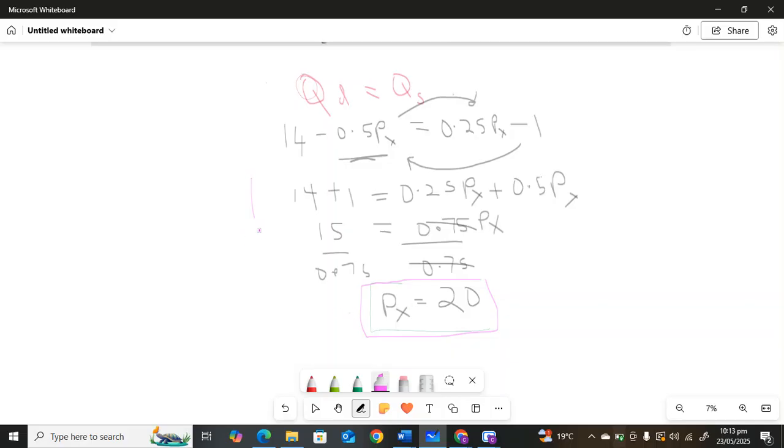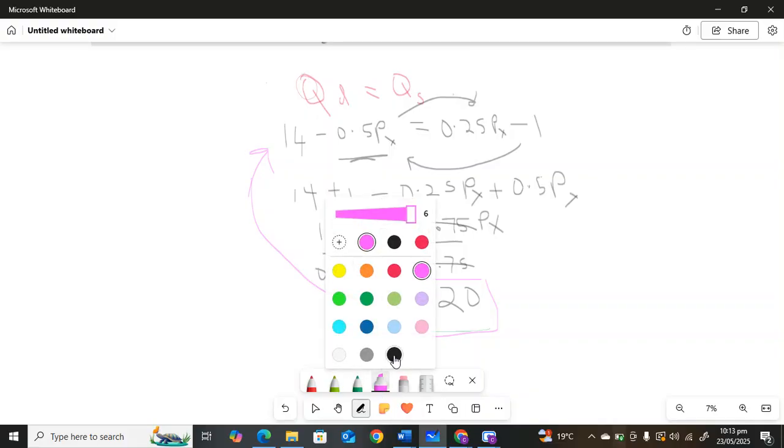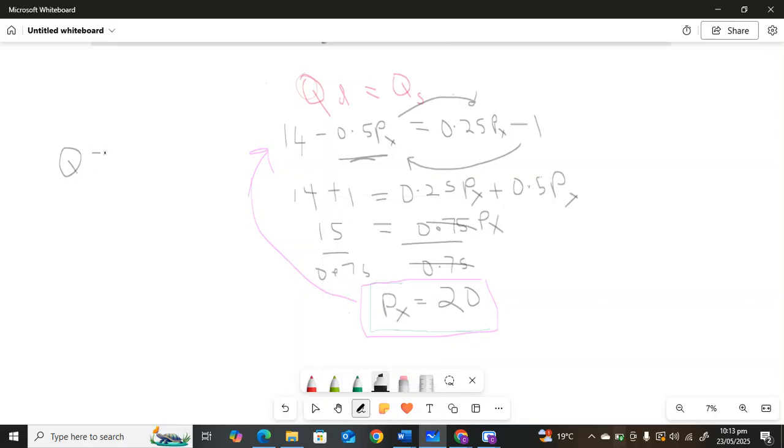So if we put it in the demand function here, where there's Px, we substitute it with 20. So in our demand function, Qd equals 14 minus 0.5 Px.